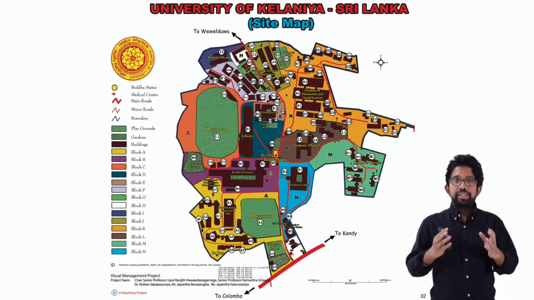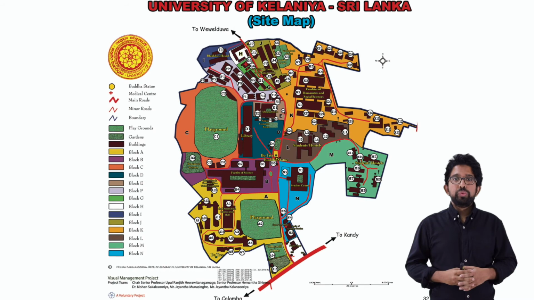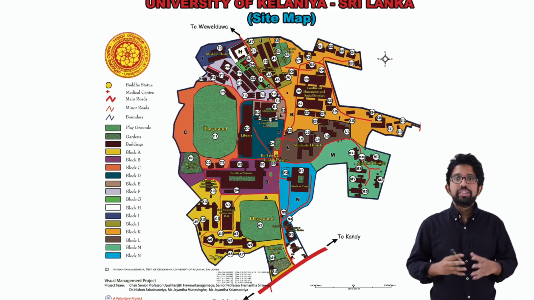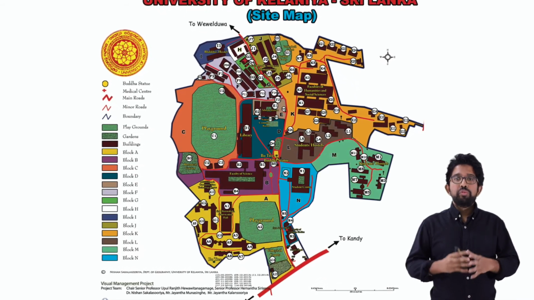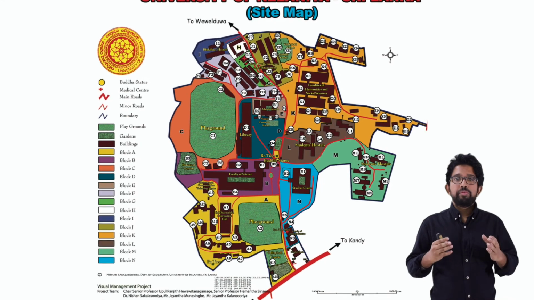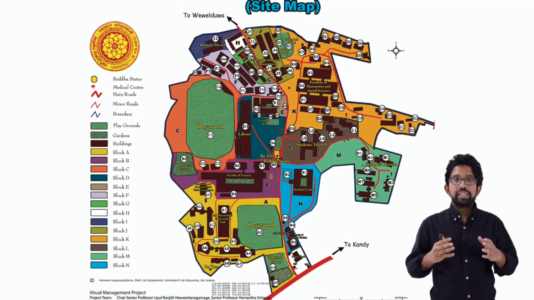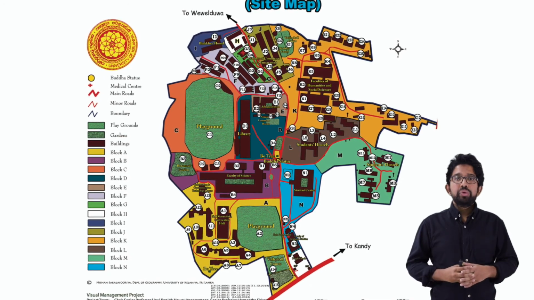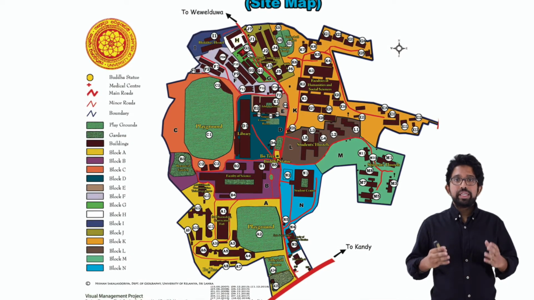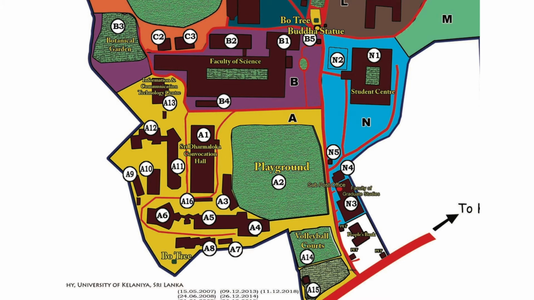Assume that we have a newcomer who is not familiar with this environment, and we want to guide him or her from the science faculty gate, from the science faculty main entrance, to the Department of Statistics and Computer Science. Let's have a closer look at our problem. We need to bring the guest from here, the science faculty main entrance.